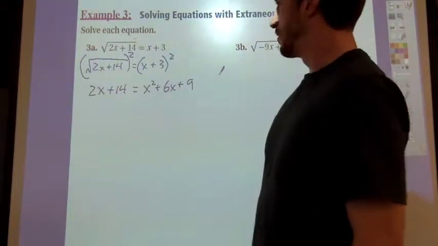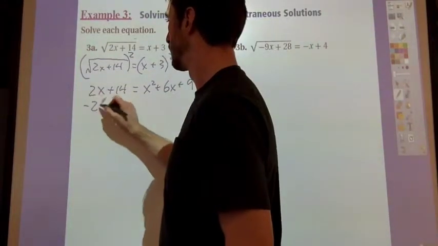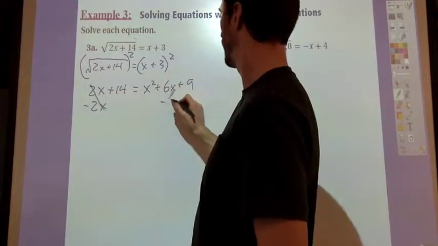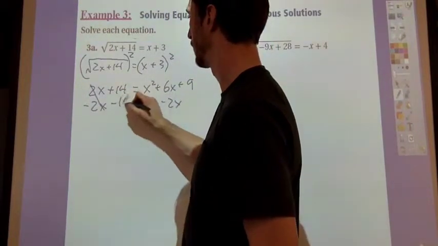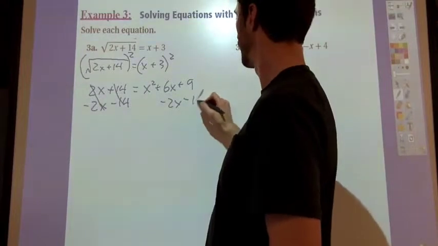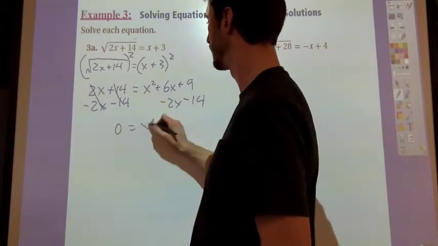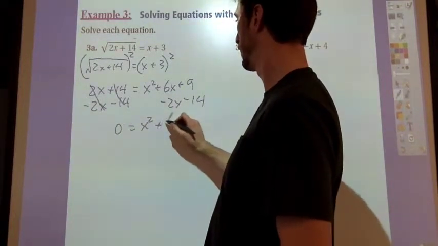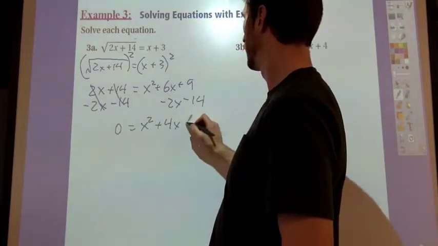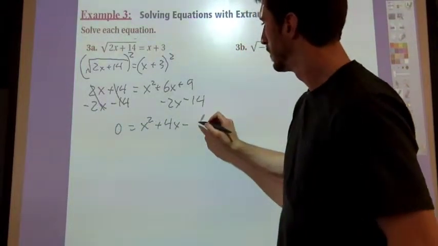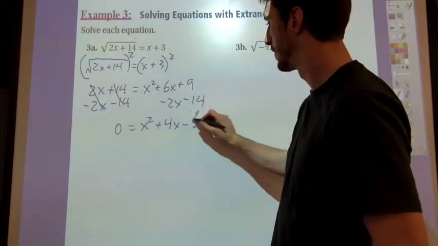Now I want to combine like terms, so I'm going to subtract 2x from both sides and subtract 14 from both sides, and I have 0 equals x squared plus 4x minus 5.